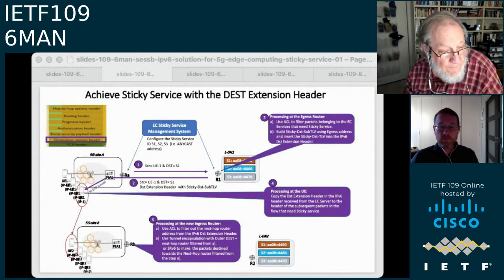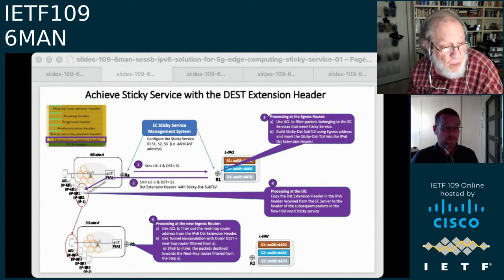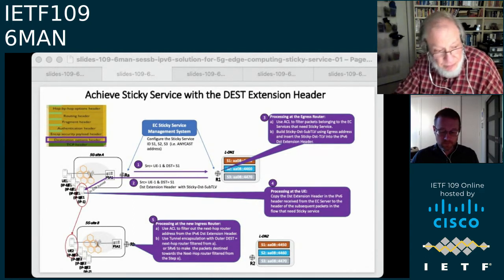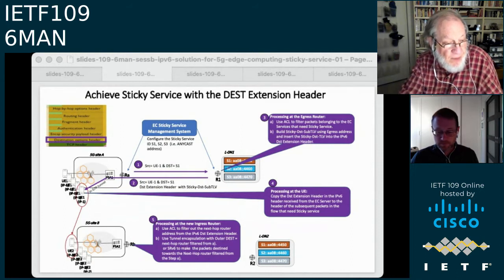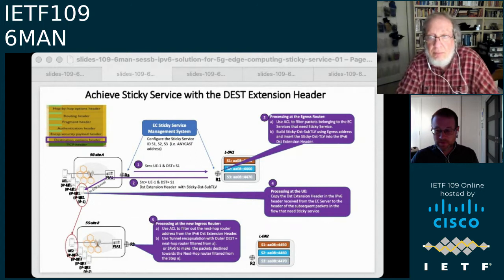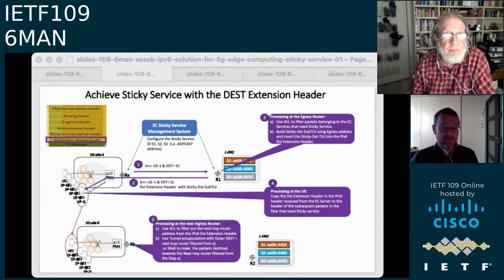So with that, when the UE moves to anchor to the PSA2, the traffic comes to router B, and router B will be informed by the sticky service management system to filter out those packets and identify the original egress router, which is R1. With that information, router B can either use a tunnel or use segment routing to forward the packet explicitly to router R1 to achieve the service being sticky to the original server.